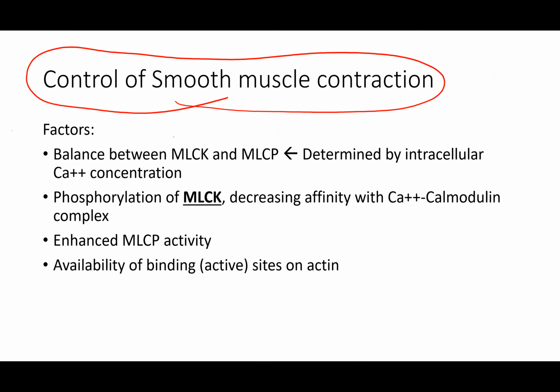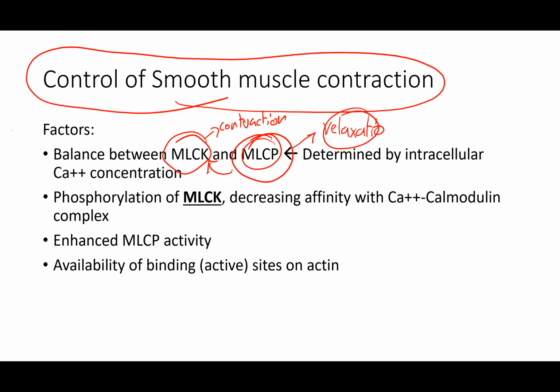Number one is a balance between this enzyme and this enzyme. Remember, this one causes contraction and this one causes relaxation. If the levels of the relaxation enzyme are higher, then relaxation will be predominant.